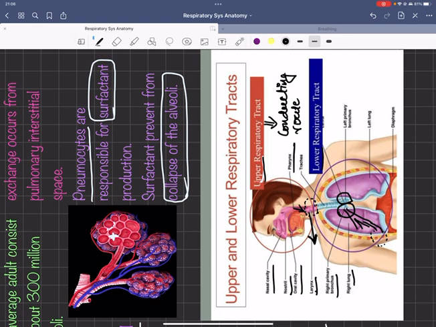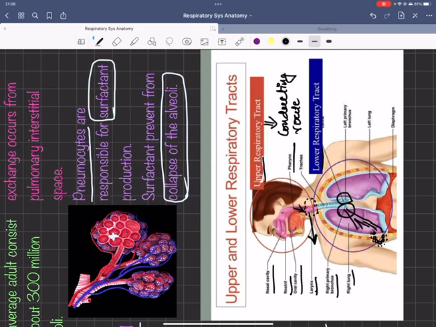The alveolar sac consists of small alveoli, more than 20 in each alveolar sac, and these are finely connected to an extensive network of capillaries, which helps in the gaseous exchange process within the lungs.